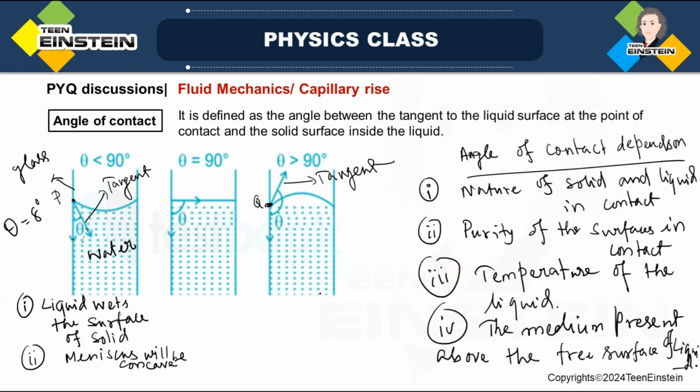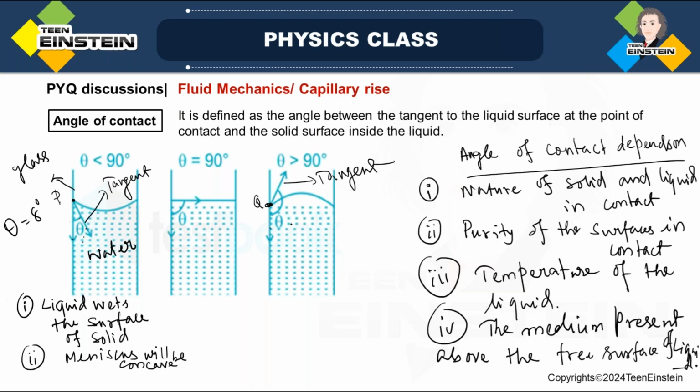Let me tell you about this. In case of mercury, this happens, when the angle of contact is an obtuse angle, or greater than 90 degrees. There was a question in the NEET paper in a previous year.